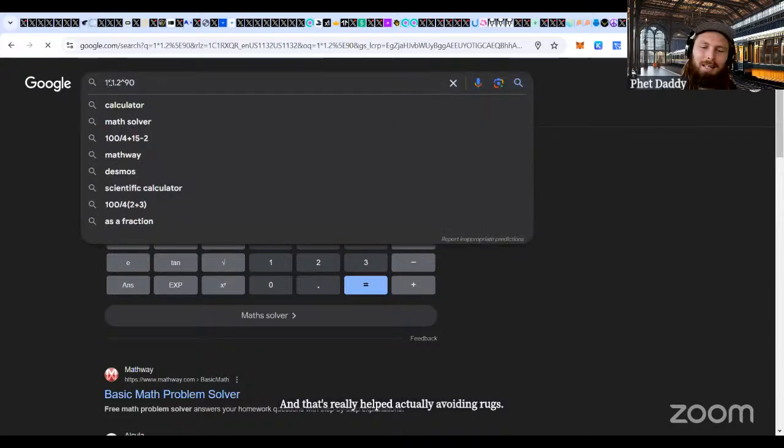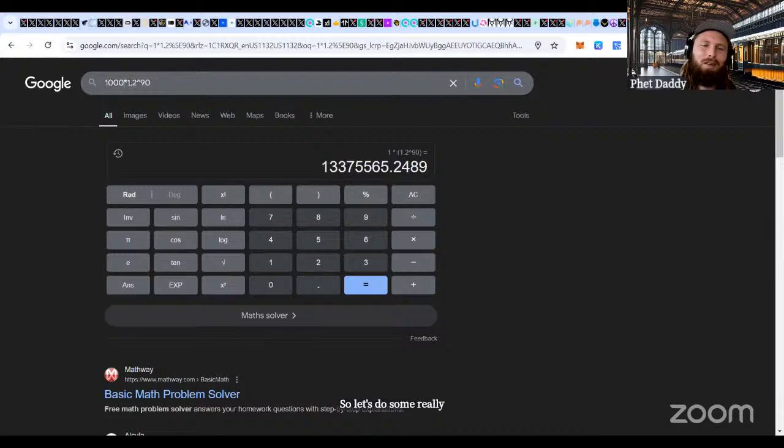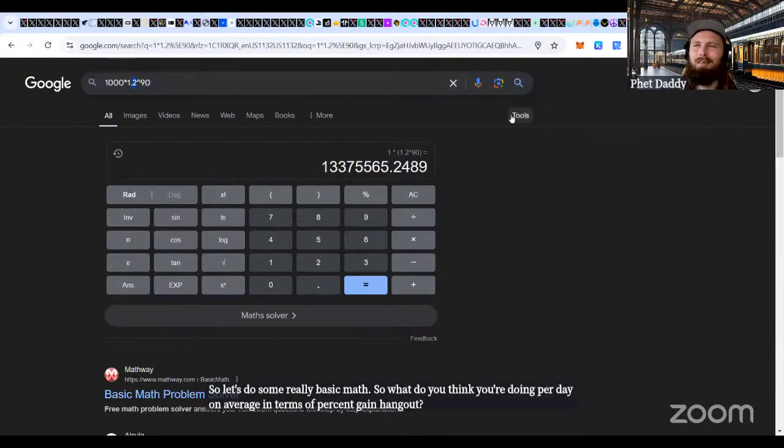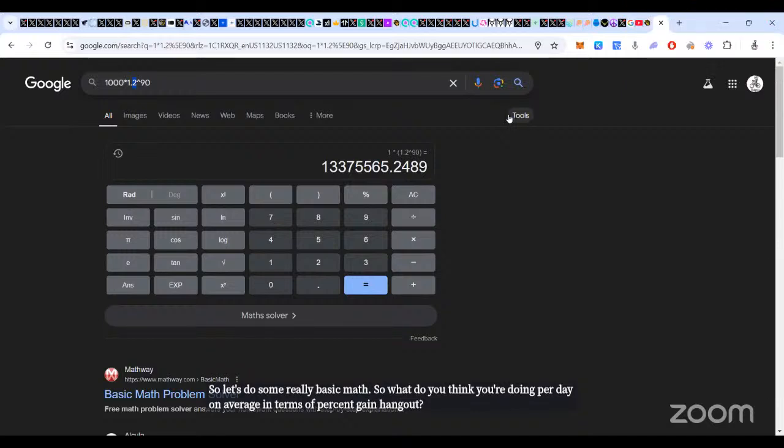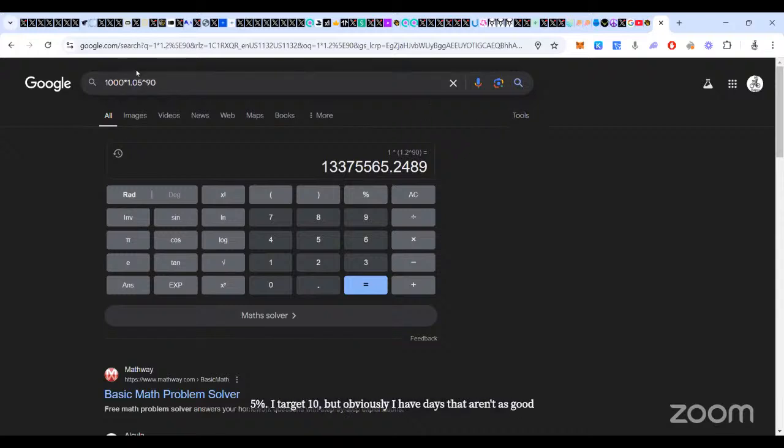So let's do some really basic math. What do you think you're doing per day on average in terms of percent gain, Hangout? I'd say 5%. I target 10, but obviously I have days that aren't as good. So probably 5% a day.